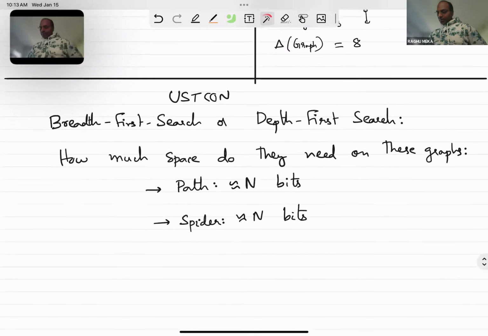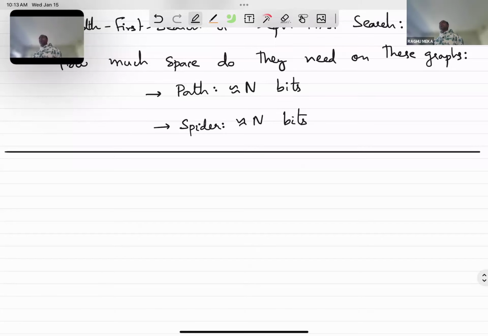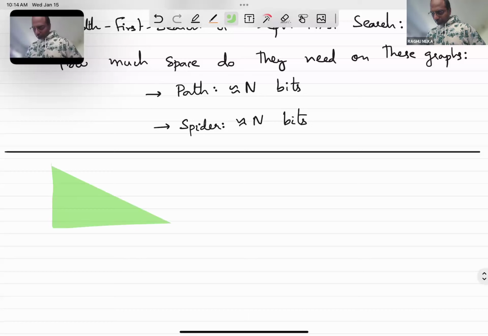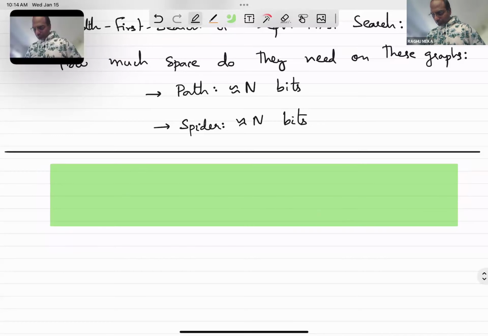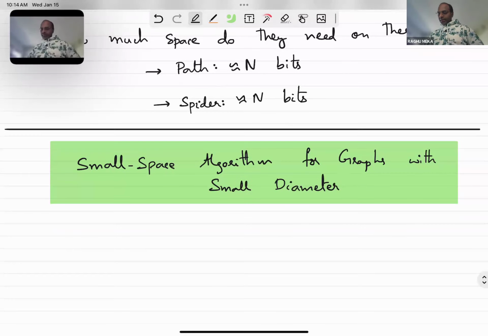Okay. But my claim is that there is a different algorithm which can actually do better, at least in terms of space, if I tell you that the shortest paths are all small. Okay, so what do I mean?